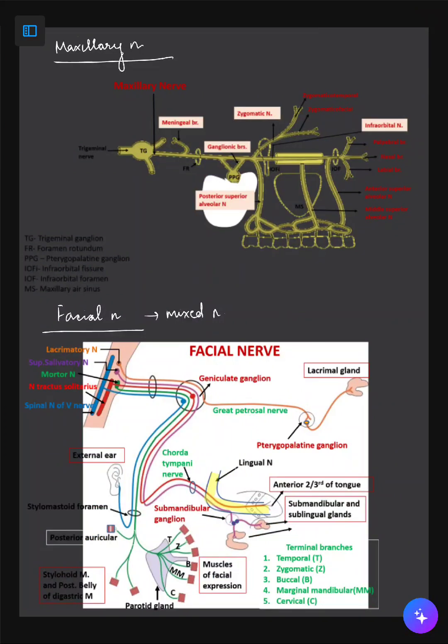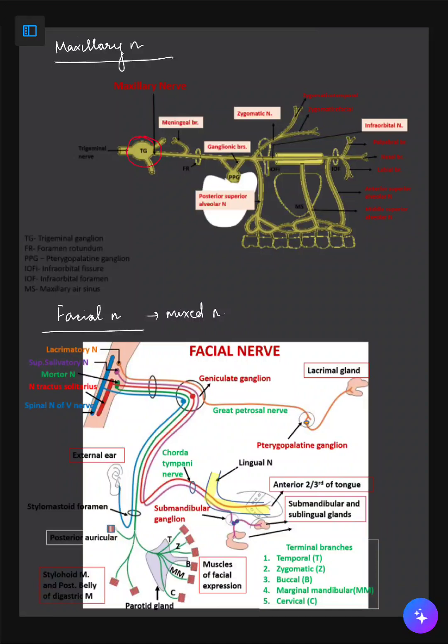Now next is the maxillary nerve. The maxillary nerve is the second branch of the trigeminal nerve. It passes to the pterygopalatine ganglion, which is located in the pterygopalatine fossa.